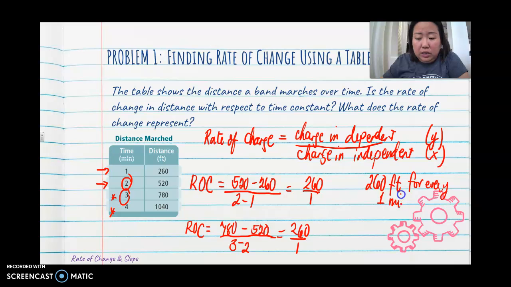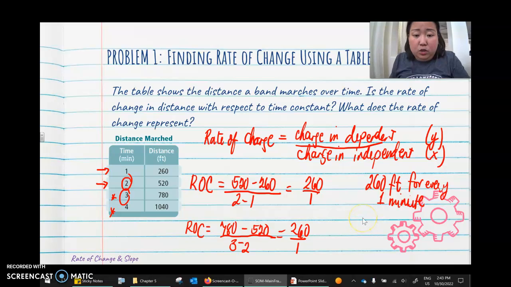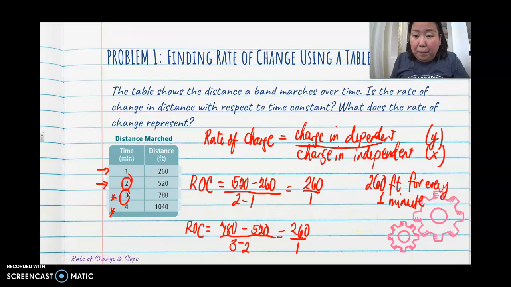Because it is consistent, it's always 260 feet over 1 minute. So that's the representation of the speed, how fast or what distance is getting covered for every minute that the band marches. So that is what rate of change represents.